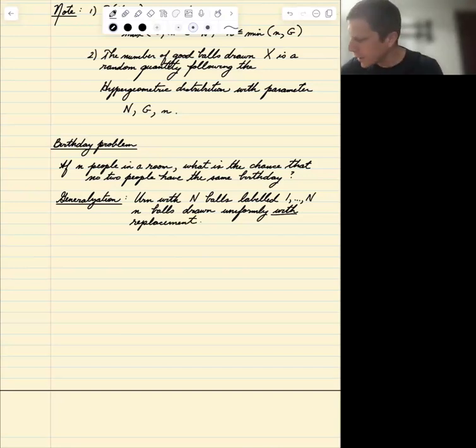What is the probability that all labels are different?